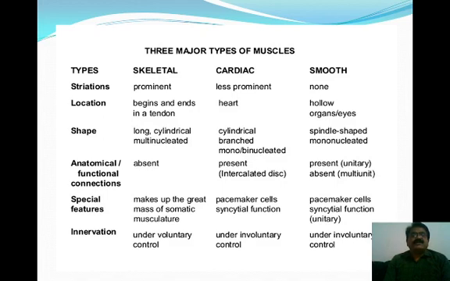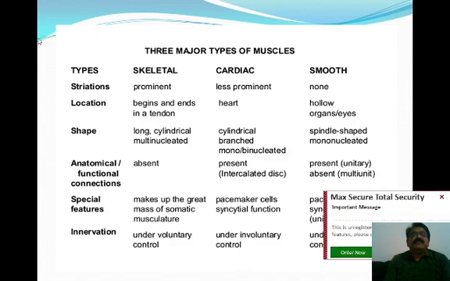Striated muscles begin and end in the tendons, cardiac muscles are observed in the heart, and smooth muscles are observed in the hollow organs and the eyes.